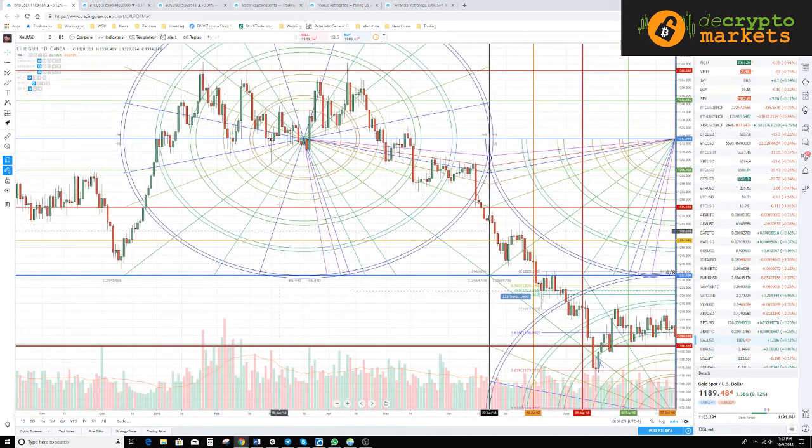Looking at this cycle, when we get to a square of price and time, in the very center here, we see some significant and crazy moves happen.